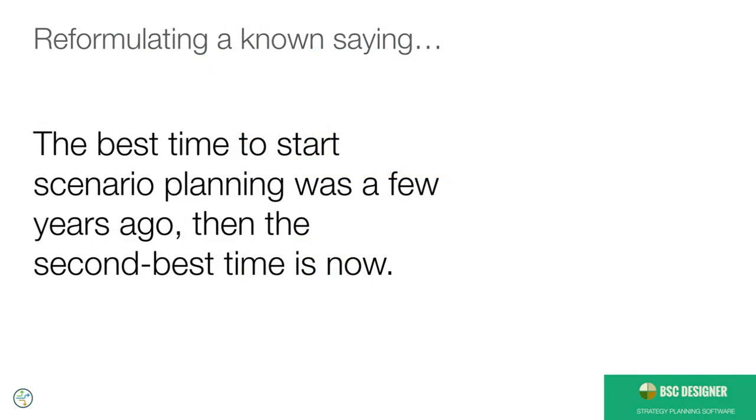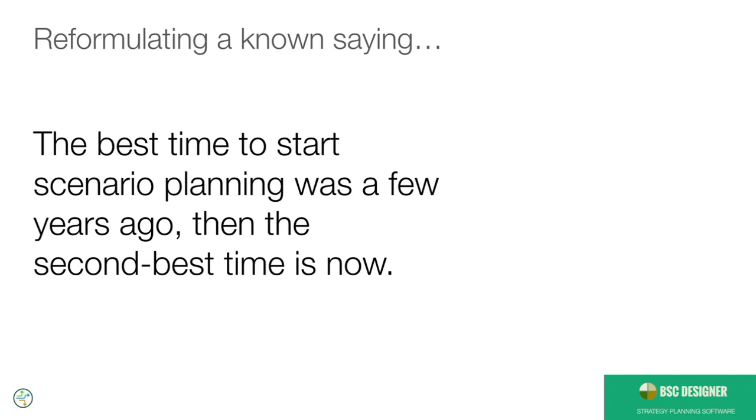Scenario planning is not something that gives immediate results. There is a saying that the best time to plant a tree was 30 years ago, and the second best time is now. The same can be said about scenarios planning. The best time to start it was a few years ago. The second best time is now.